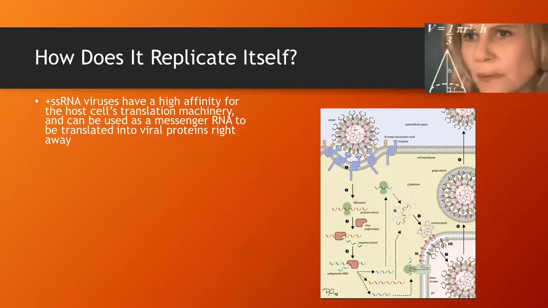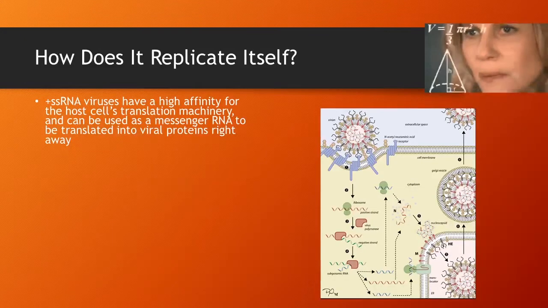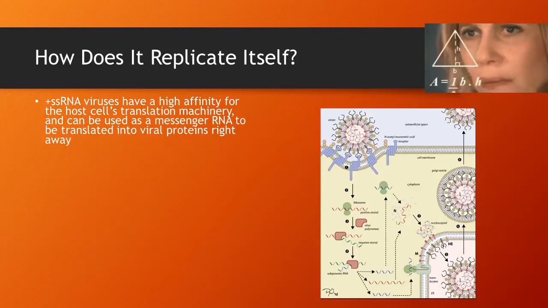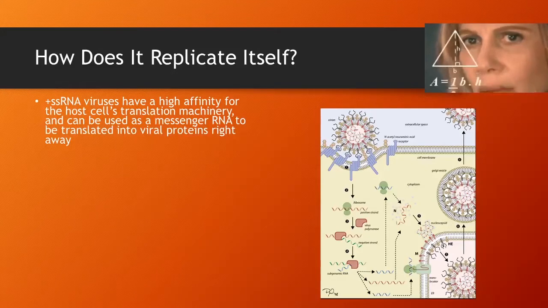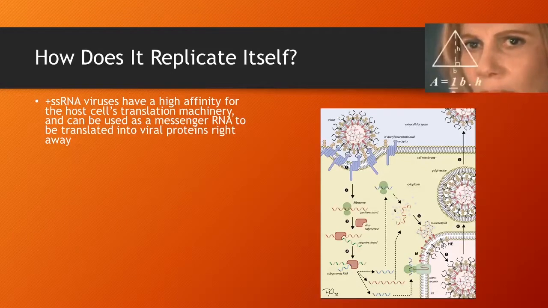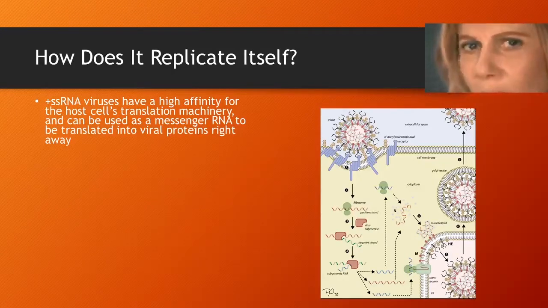Because the way that we make proteins, and essentially our whole bodies, is we have DNA, the DNA gets transcribed into a single-stranded RNA, and that RNA gets translated into a protein. That is how all of our proteins are made.